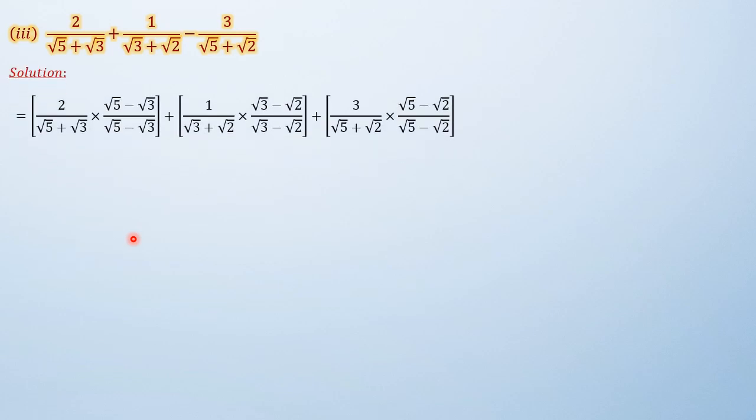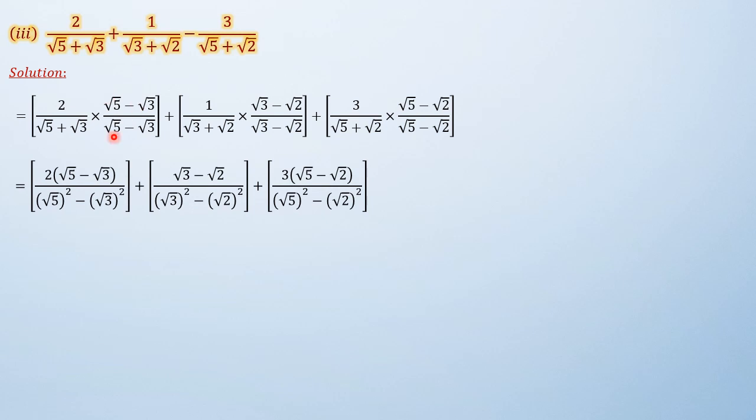Now this is another part, the third part of the same question. Again the 3 portions, we are going to solve it with the same method. We have to rationalize again and apply the formulas. I'm not going to explain because this is the same as the previous question.